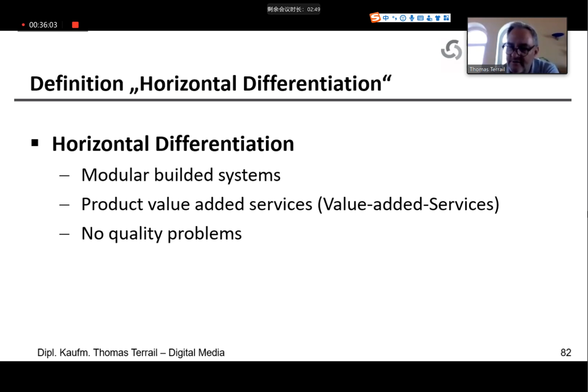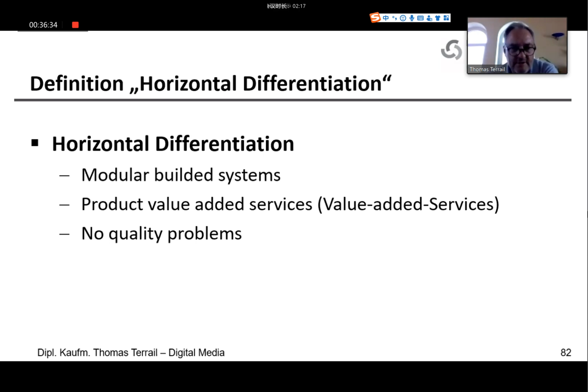So it's also the same. This is the meaning of horizontal differentiation, the modular built systems. It has been programmed one time, but there's no big change if you want to use it for another possibility.